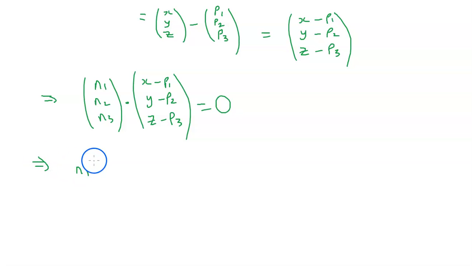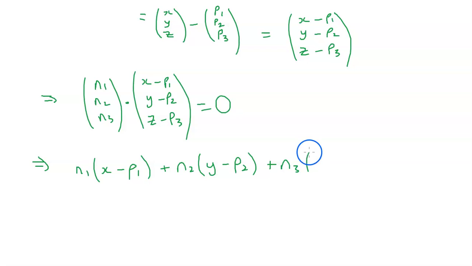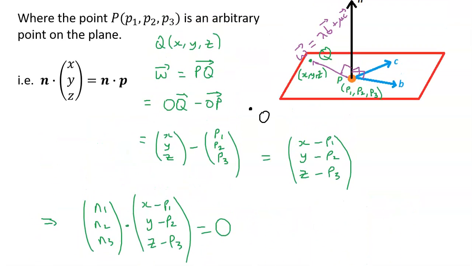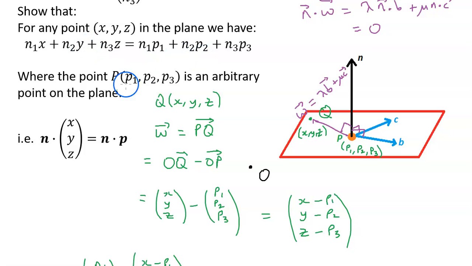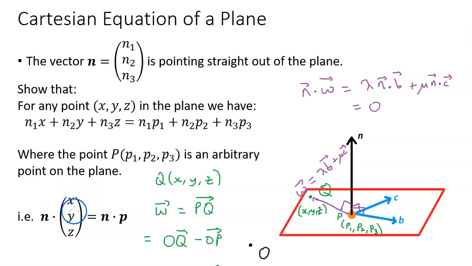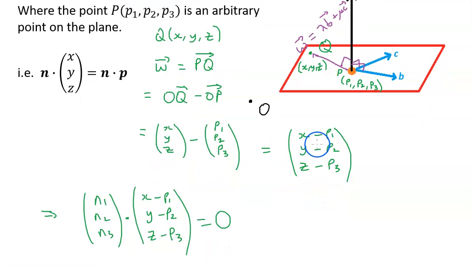It's just n1 times x minus p1 plus n2 times y minus p2 plus n3 times z minus p3 is equal to 0. And the result follows quickly from there. And from the way I've written it here, n dot x, y, z equals n dot p is obviously another way to write this exact same equation. So you didn't even need to combine it into a single vector like I did here.